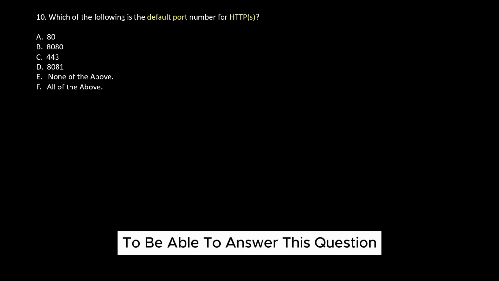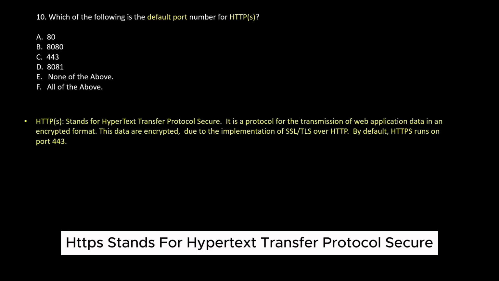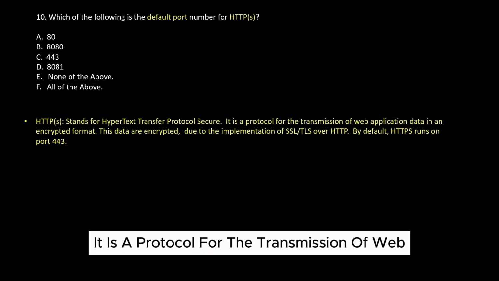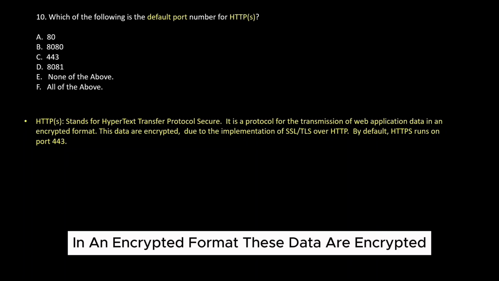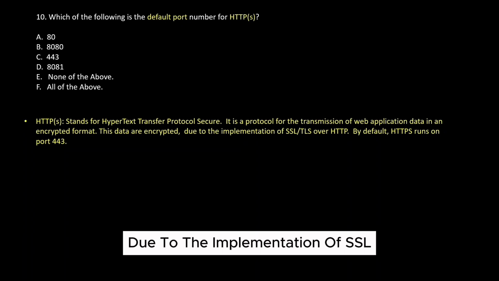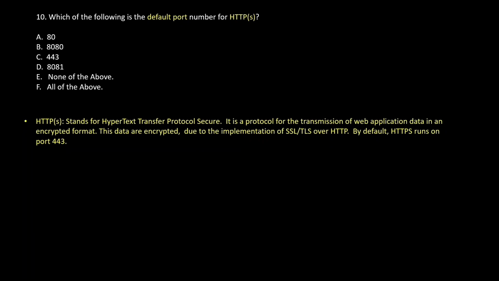To be able to answer this question, let's have a definition of what HTTPS is all about. HTTPS stands for Hypertext Transfer Protocol Secure. It is a protocol for the transmission of web application data in an encrypted format. These data are encrypted due to the implementation of SSL/TLS over HTTP.